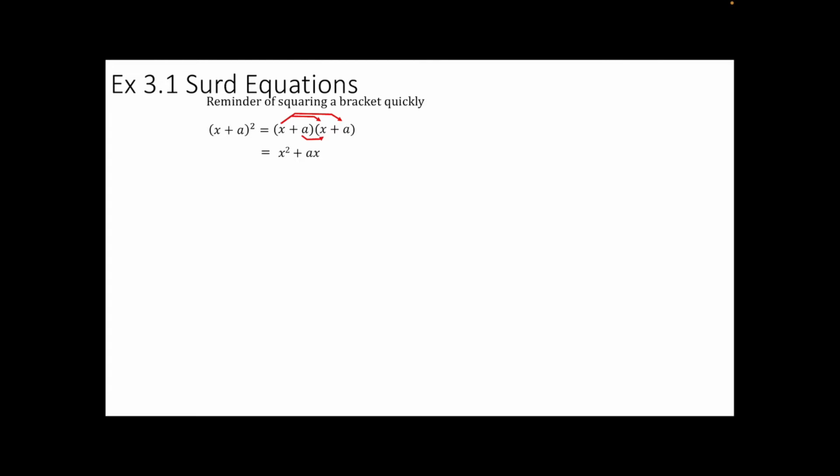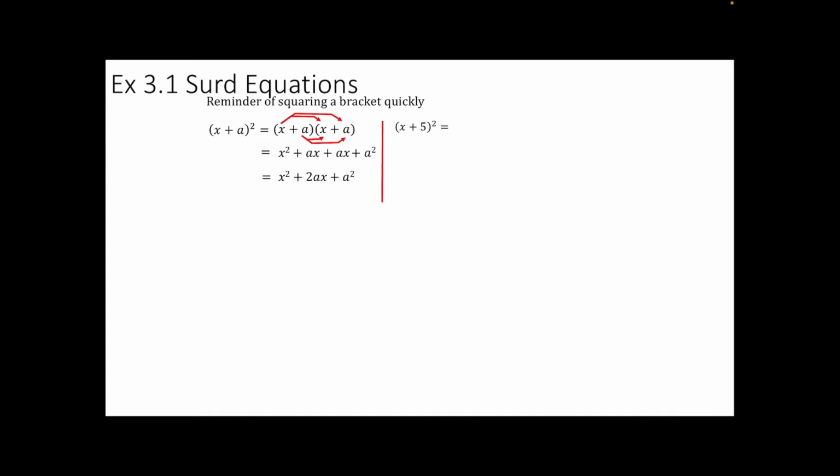We multiply a by x to get ax and a times a to give a squared. Simplifying this, we get x squared plus 2ax plus a squared. To quickly expand our brackets, we square the first value, multiply our terms together and double it, and square the second term.